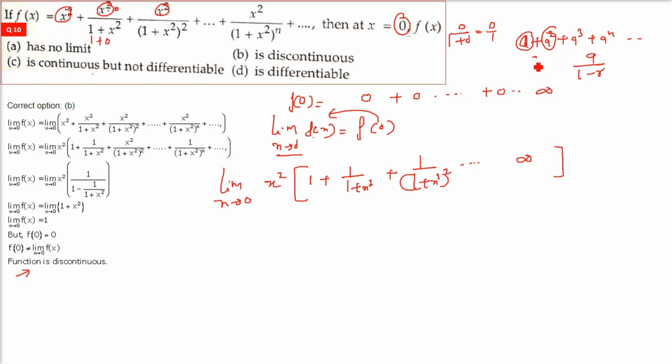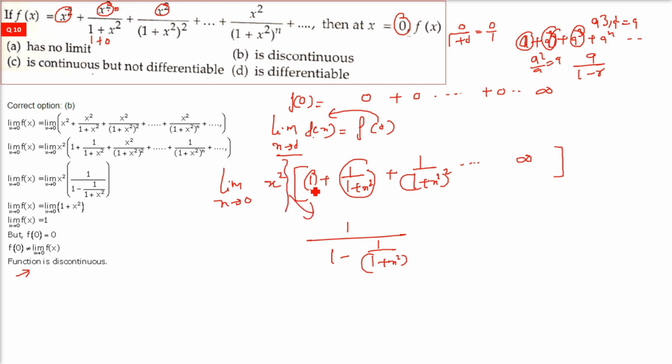This is just an example, and this result, which we have learned in geometric series and arithmetic progression, can be employed. So we have a by 1 minus r, where a is 1 here. If you divide any two consecutive terms, you get 1 by 1 plus x square. This is your r, the common ratio.